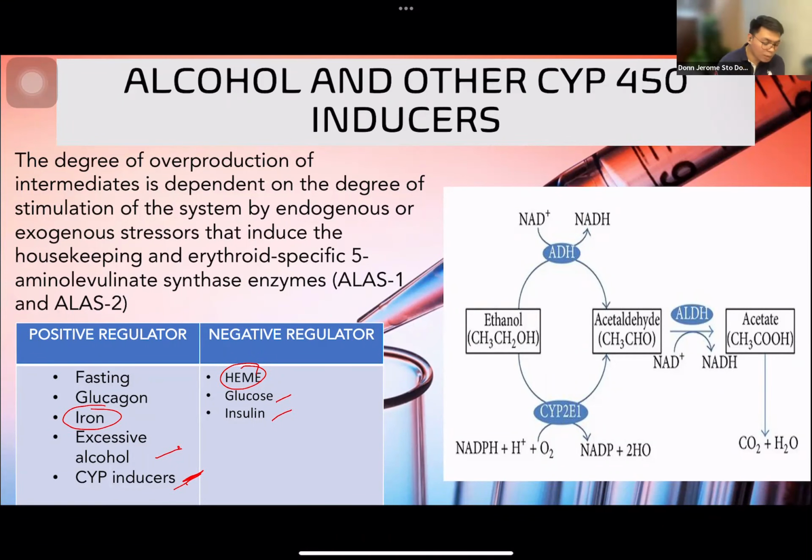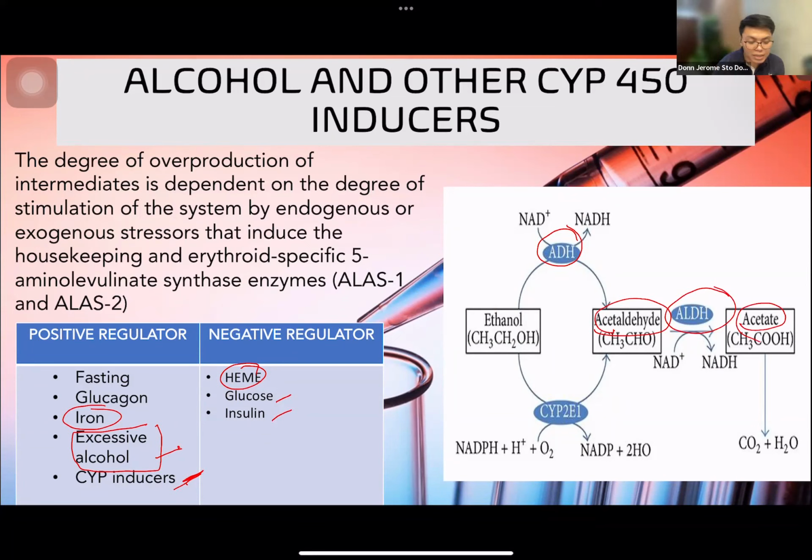Let's try to discuss one by one. Excessive alcohol intake, or alcoholism. You're done with the CBL relating to alcoholism, right? Do you still remember the metabolism of ethanol or alcohol? So, your ethanol is metabolized by different enzyme systems. Initially by alcohol dehydrogenase, producing acetaldehyde, then aldehyde or acetaldehyde dehydrogenase, producing acetate.